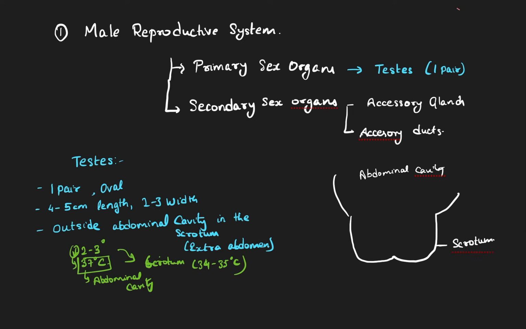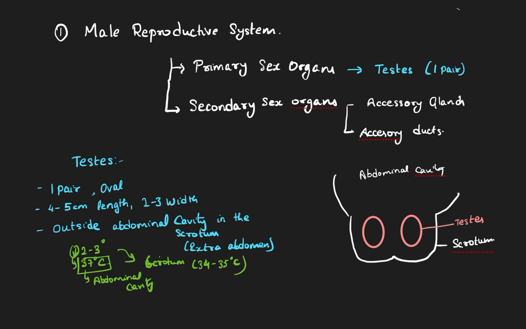And inside it is present the testis. These are the testes. I'm drawing the diagrams and showing you along with the explanation, so that you also get a rough idea of how the diagrams are drawn in different parts. So the testes are present inside the scrotum, as you can see.